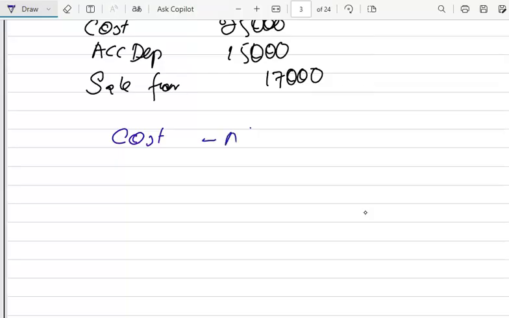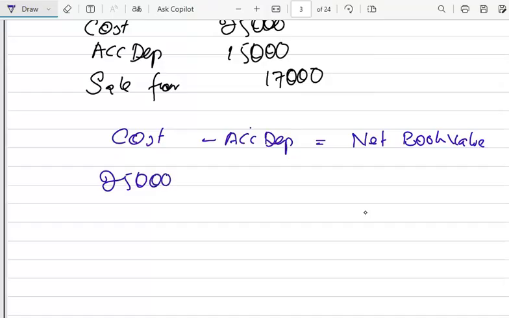Cost minus accumulated depreciation is equal to net book value. Cost in this asset is equal to 25,000, and accumulated depreciation is equal to 15,000. So what is the net book value? It is equal to 10,000.